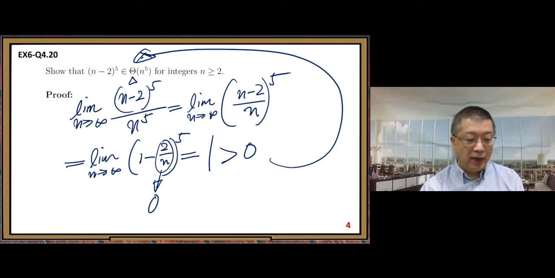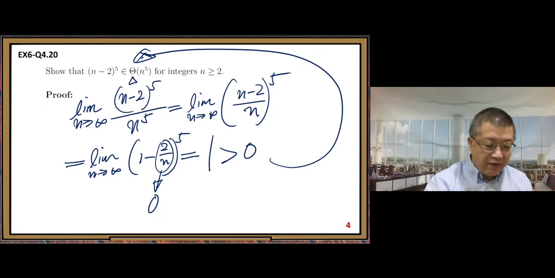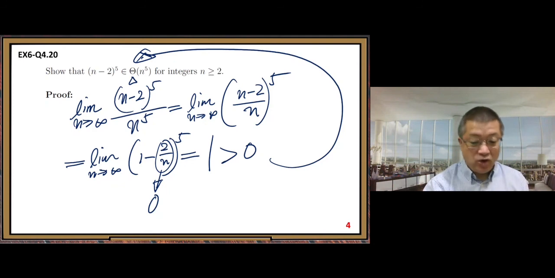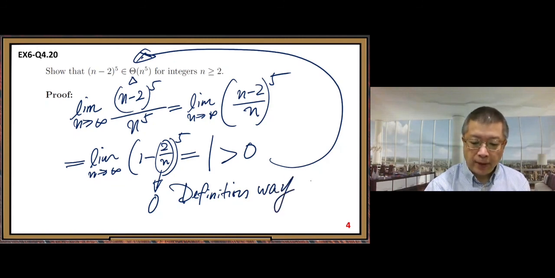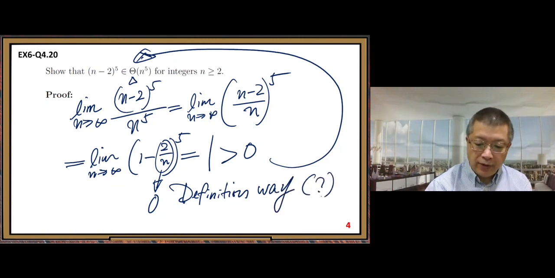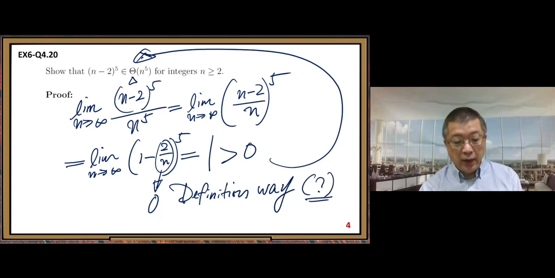Okay, but there is a definition way to prove it. The definition way is much harder than this one. How to prove it, you can think about later. When I have a chance, I will show you how to do it, because today we run out of time.